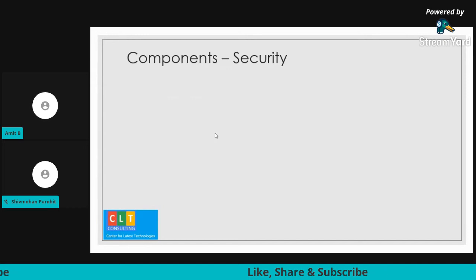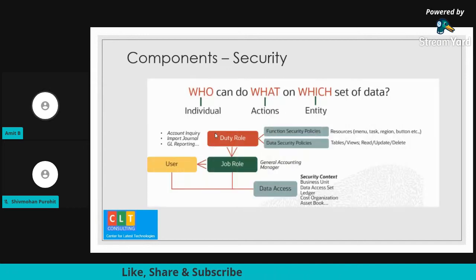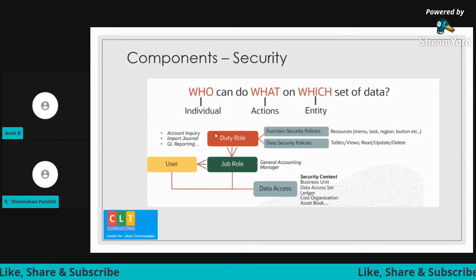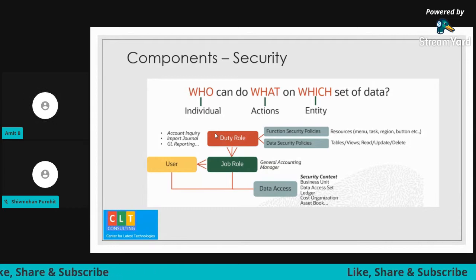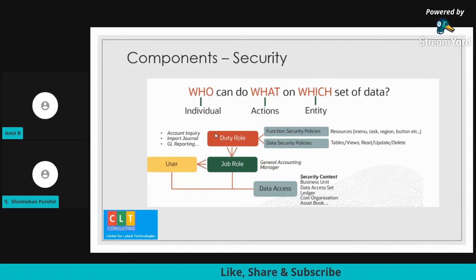Then the third component which comes into picture is security, and it is again a very important and essential part of this cloud ERP. It talks about who can do what on which set of data. Basically, Oracle Cloud ERP is based on role based access control. We call it RBAC.